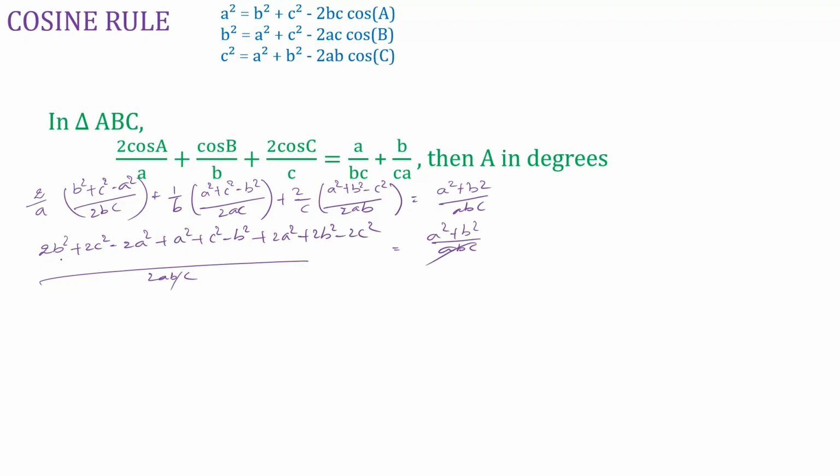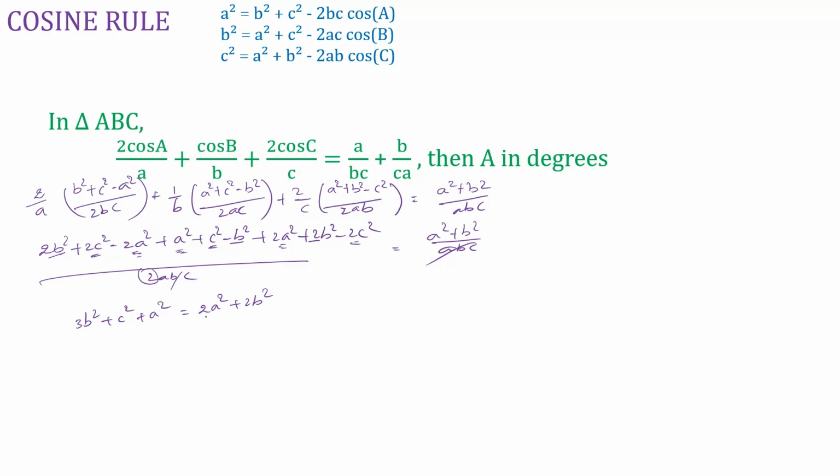Here in the numerator, we can write 2B square minus B square and 2B square, that is 3B square. Then we have 2C square, C square and minus 2C square, that is C square, minus 2A square and A square and plus 2A square. This is A square. Now this denominator 2, if we take to the other side, it will become 2A square plus 2B square.